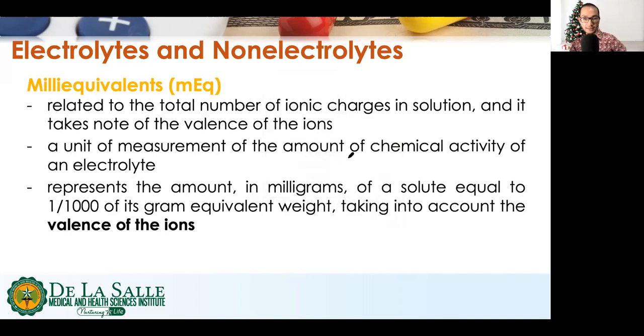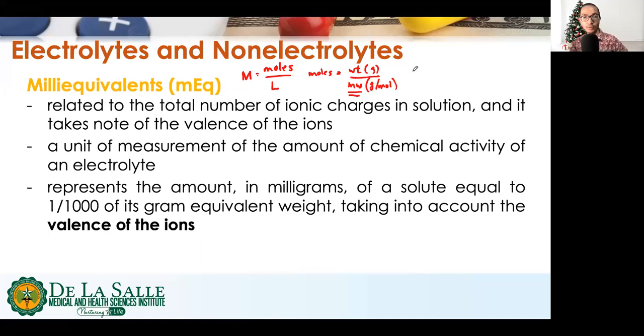Remember that molarity is equal to the number of moles of a substance per liter of the solution. Now, the number of moles of the substance is equal to the weight of the substance in grams divided by the molecular weight of the substance in grams per mole. This molecular weight is also what we call the gram molecular weight.